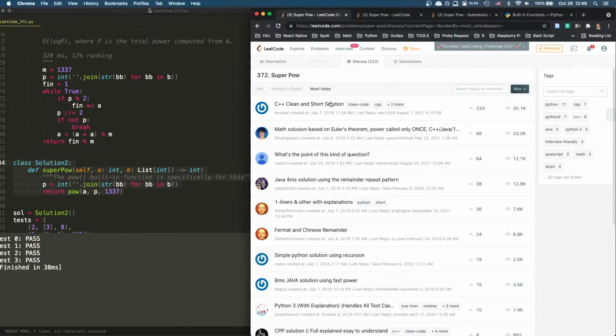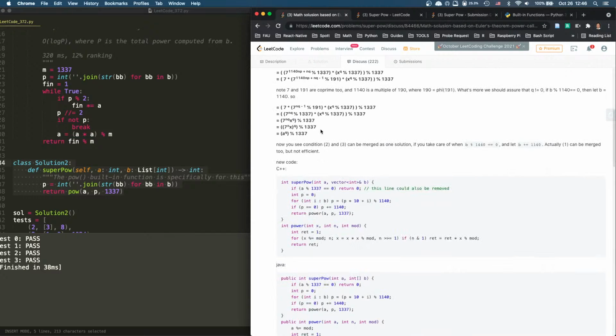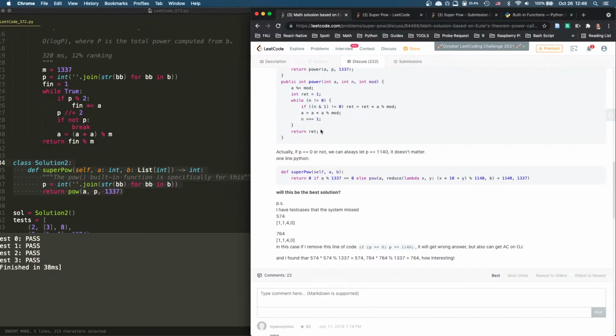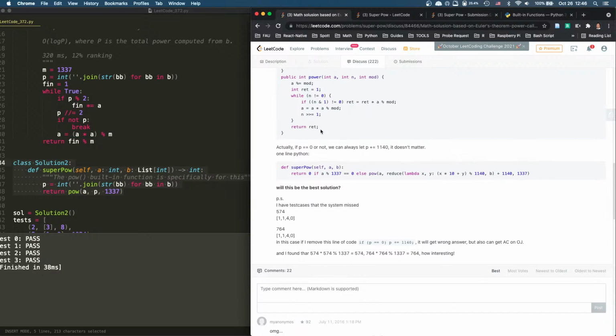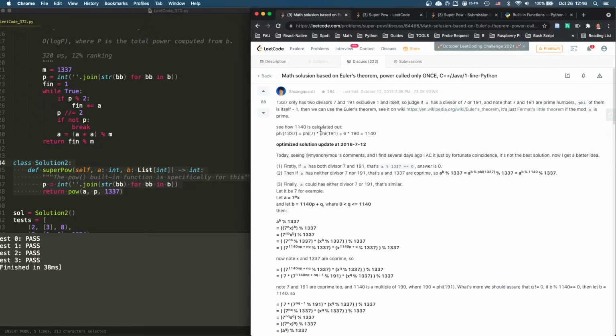Anyway, math solution. Oh, jeez. The divisors of 1337 are 7 and 191, exclusive of 1.